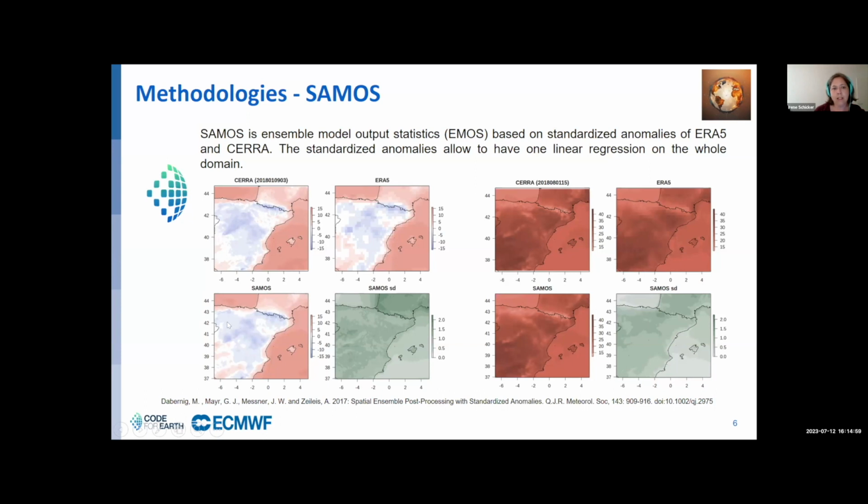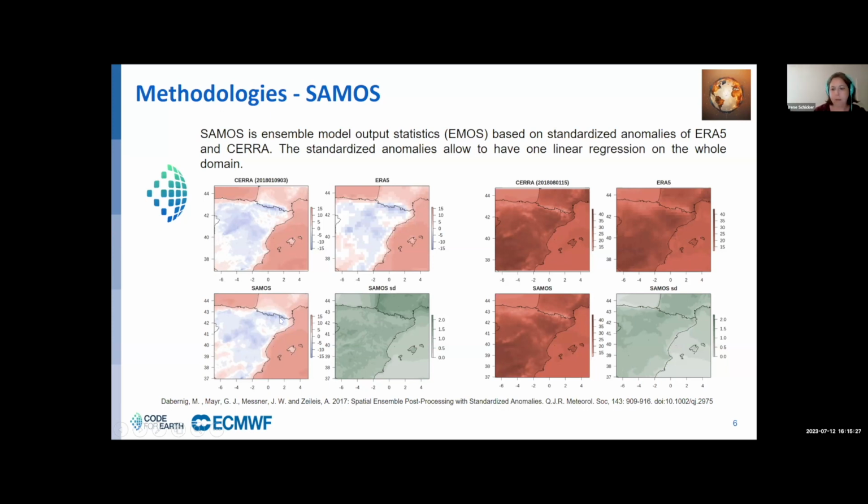And this is the mean predicted SAMOS output and the standard deviation. This is for an in-sample case in January, and we have the same for an in-sample case in August. The advantage of this approach is that you, in theory, can also draw ensemble members based on the ensemble mean and the standard deviation.